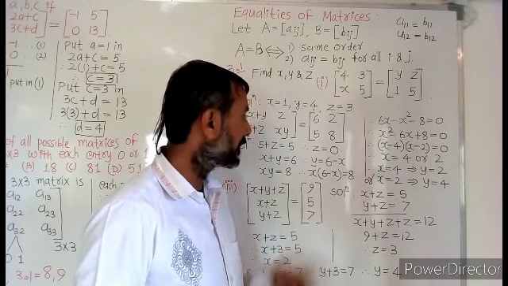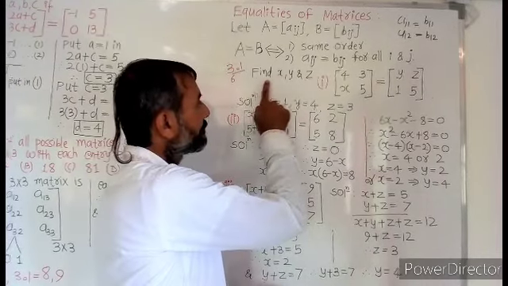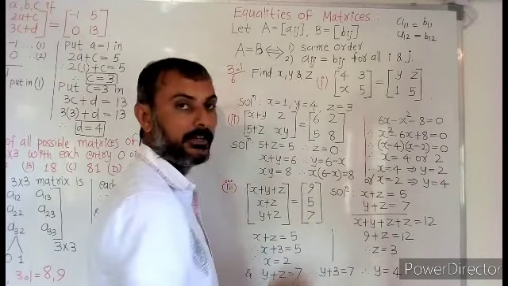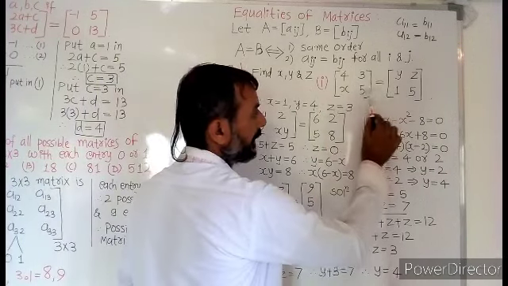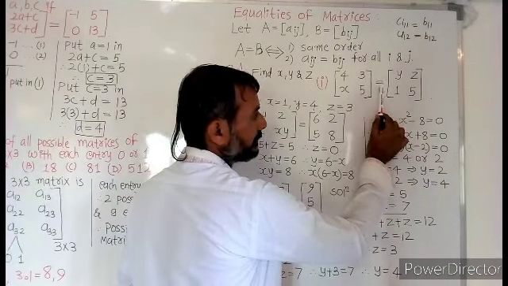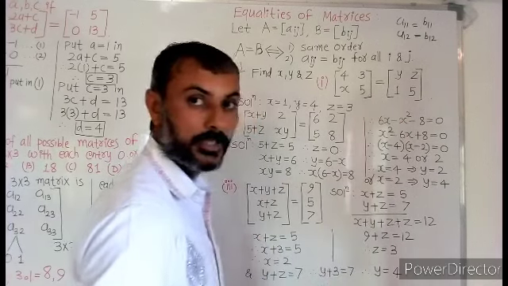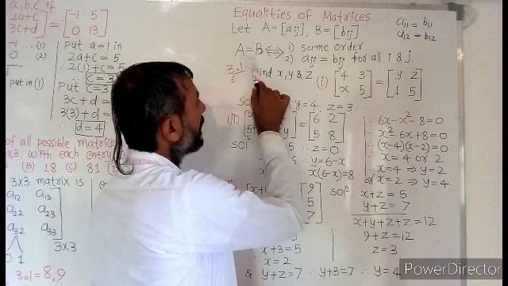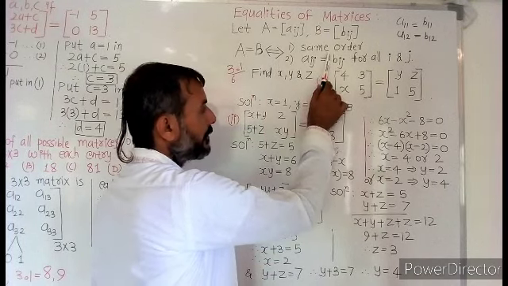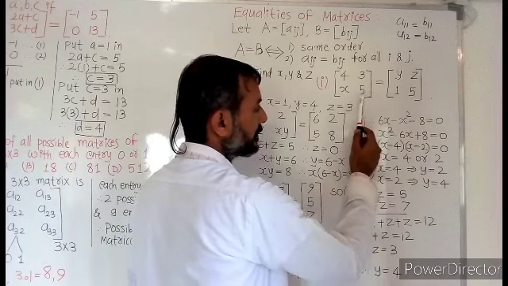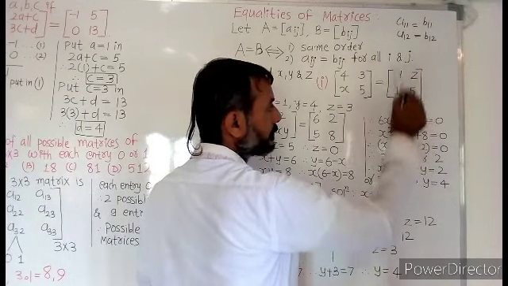Okay, so see, one example is given here. Find x, y and z. Question 1: what is given? Matrices A and B are equal. What happens if they are equal? If and only if they have the same order. So it is very clear, this is 2 by 2: 2 rows, 2 columns, and 2 rows, 2 columns.